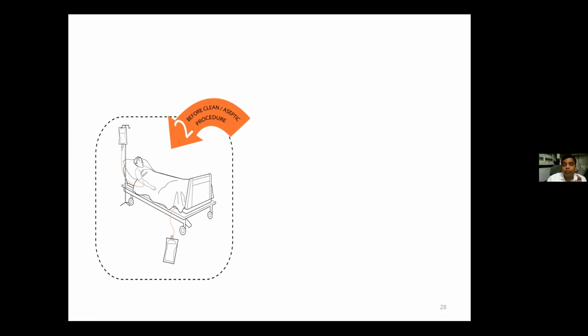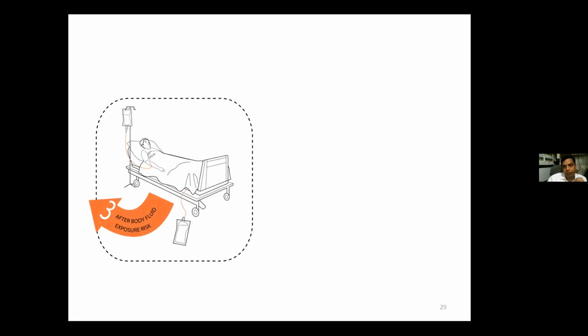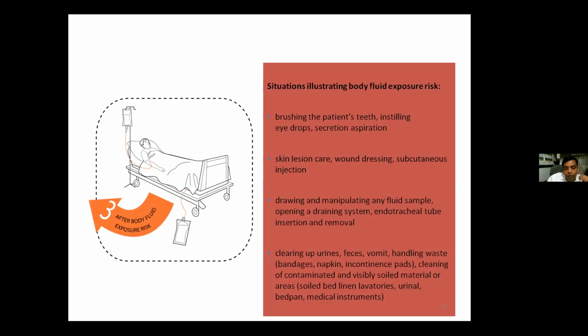Similarly, before any clean or aseptic procedures such as brushing the patient's teeth, preparation of food, catheter insertions, tubings, or skin lesion care, hand hygiene should be done not only to prevent the transmission of infection from us to the patient, but also from the patient's own skin flora inside the patient's body.